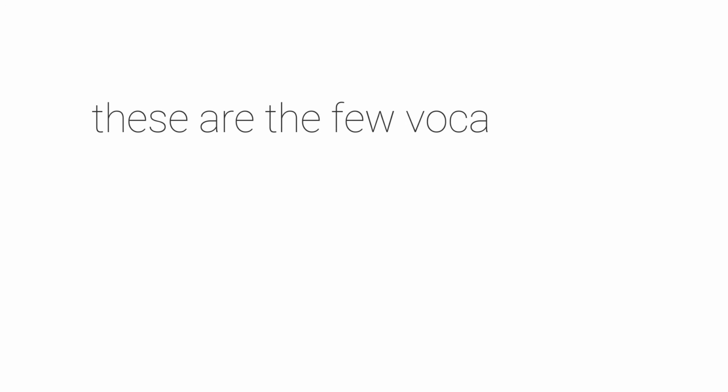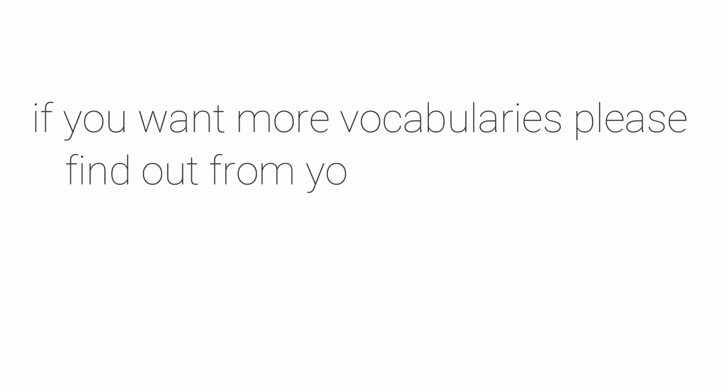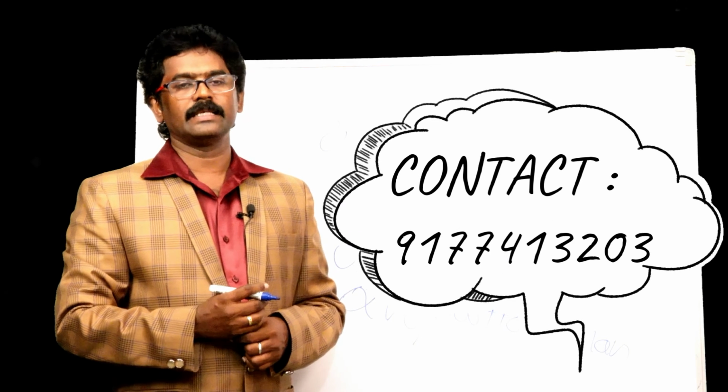Anthropos, man. So angelos, messenger. Agros, field. Adelphos, brother. Anthropos, man. These are the few vocabularies I give you. Please learn them by heart, and if you want more vocabulary, please find it in your Greek textbook or WhatsApp me. I will send the notes to you.